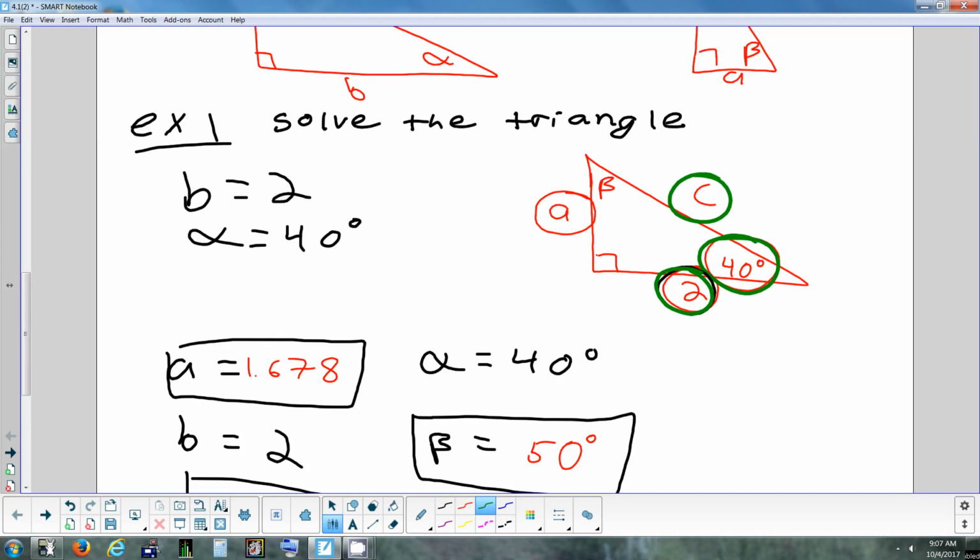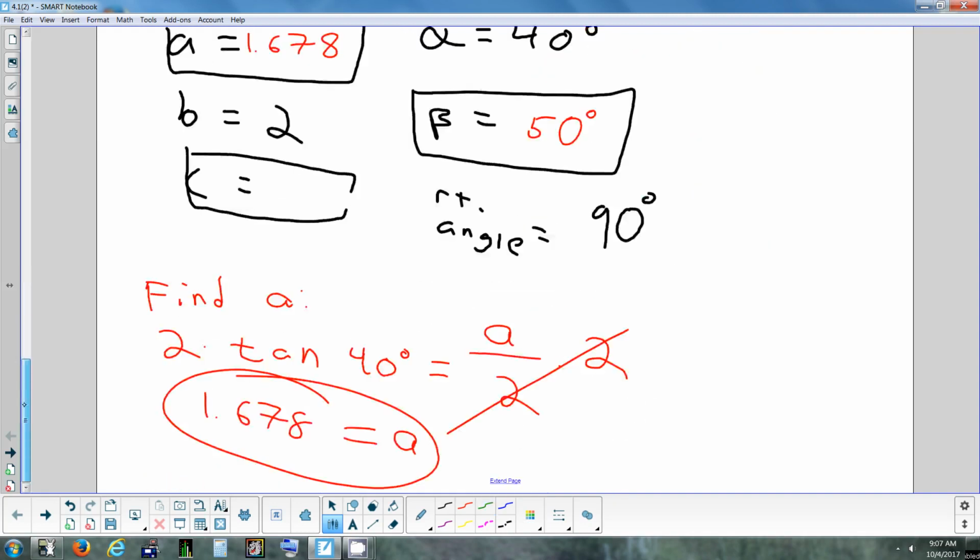We need hypotenuse. So Ryan, do you think you know what trig function to use? Cosine. Cosine will involve adjacent, which is the side we know, and hypotenuse, the side we don't know. Okay, so let's set up our equation for that.